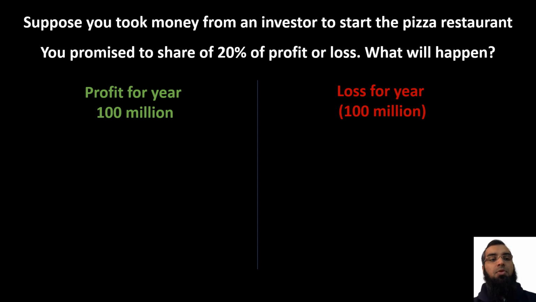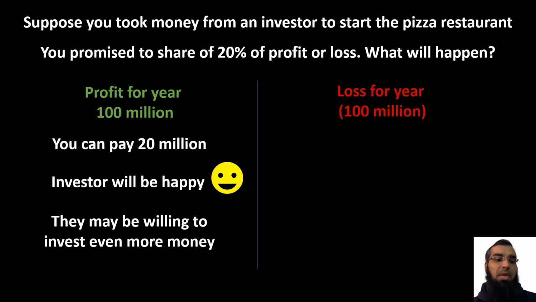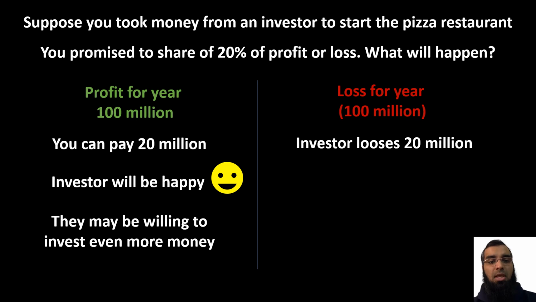Now let us suppose that we took money from an investor, maybe a friend or a relative or someone else, to start a new pizza restaurant, and the deal was that they would get a 20% share in whatever we earn or lose. Now in case we earn a profit of 100 million, we will pay them a share of 20 million. The investor will be happy and may be even willing to invest more money in the business.